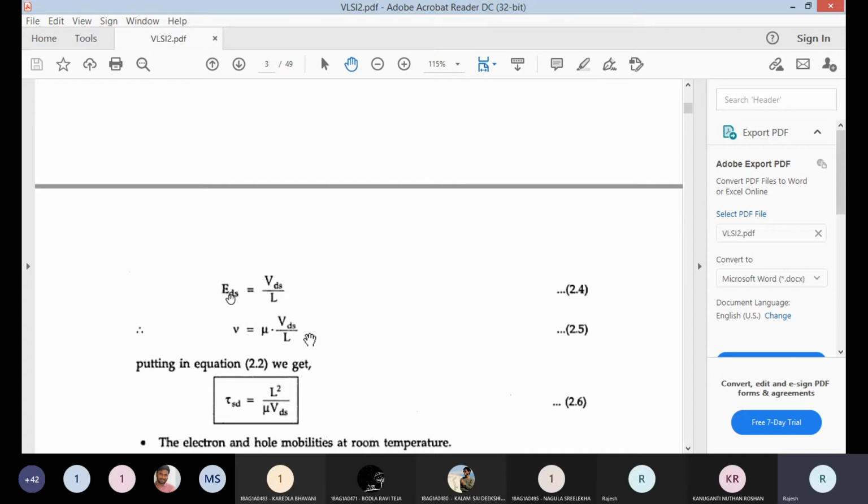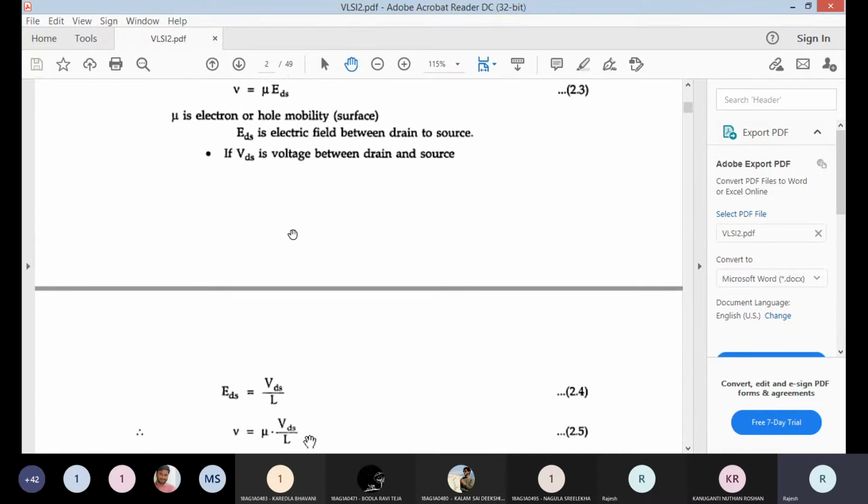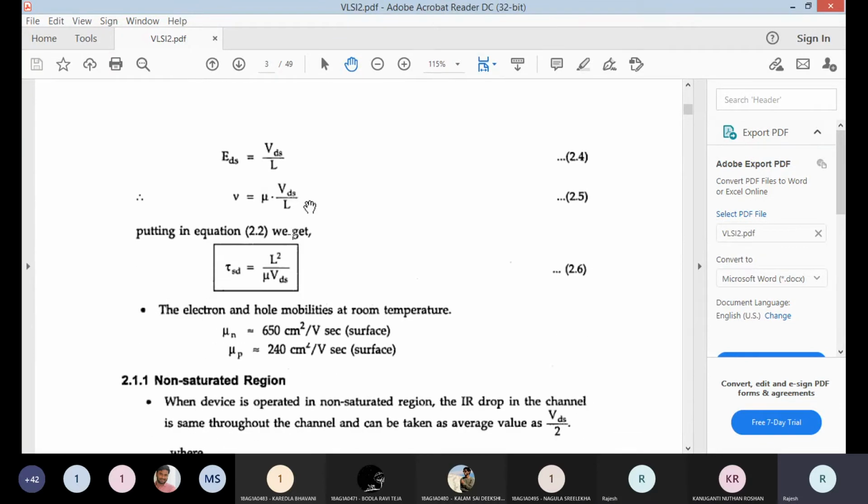So this electric field EDS is nothing but VDS divided by the distance, which is length L. So now you substitute this EDS, which is VDS by L, in the previous equation 2.3. We already have velocity equal to mobility into EDS. By substituting there, you get V equal to mu into VDS by L. But we have already considered what is tau.